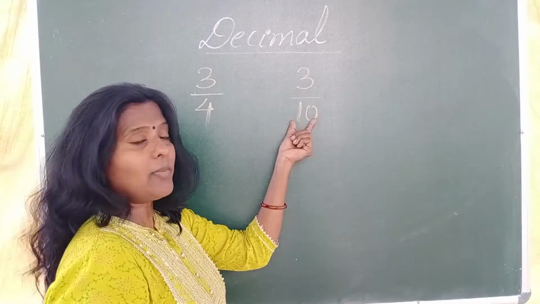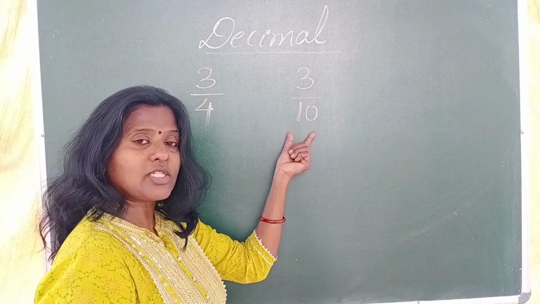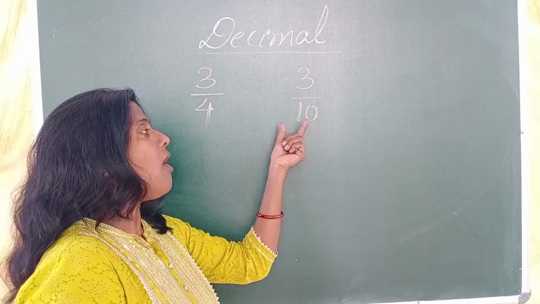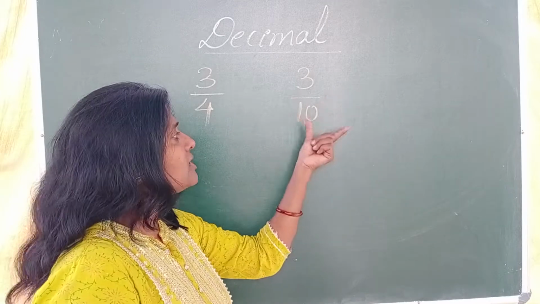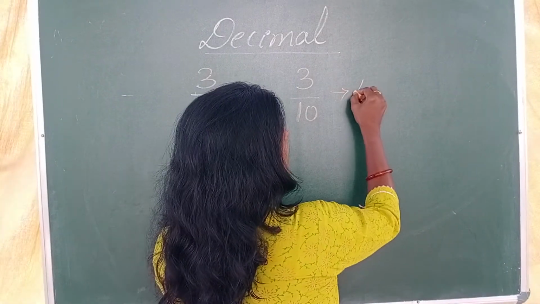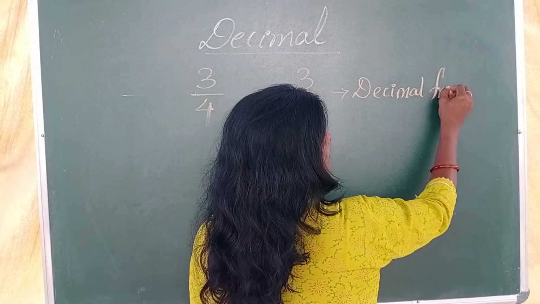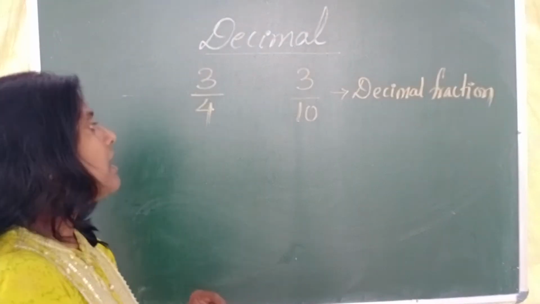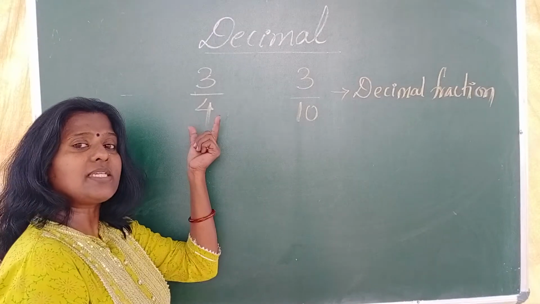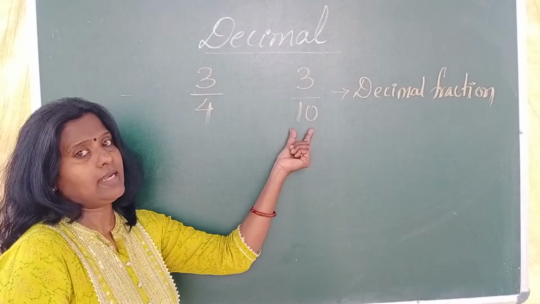Any fraction whose denominator is 10 or powers of 10, that means 100, 1000 like this, such fractions are called decimal fractions. But 3 by 4 is just a fraction. This is a decimal fraction because its denominator is 10.